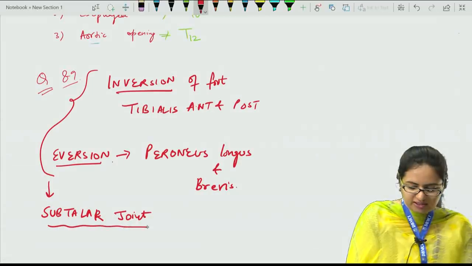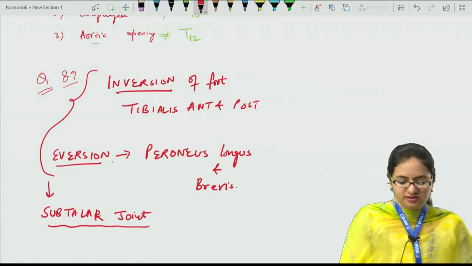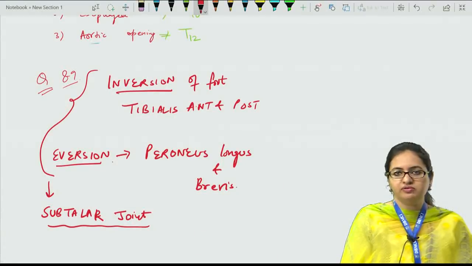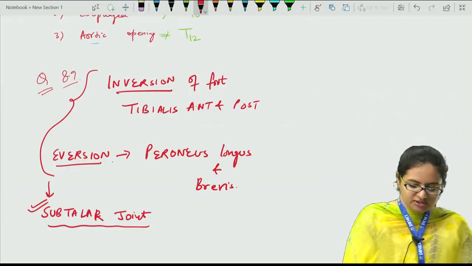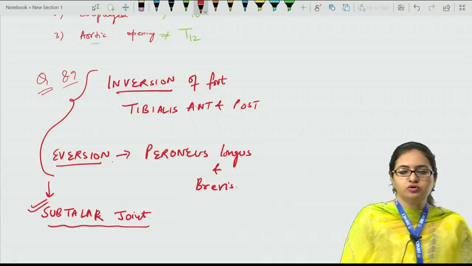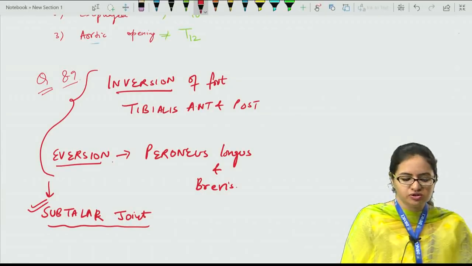It occurs at the subtalar joint, and apart from the subtalar joint, it may also occur at the talocalcaneonavicular joint and the mid-tarsal joint. So the main joint for inversion and eversion is the subtalar joint. Dorsiflexion and plantar flexion occur at the ankle joint.